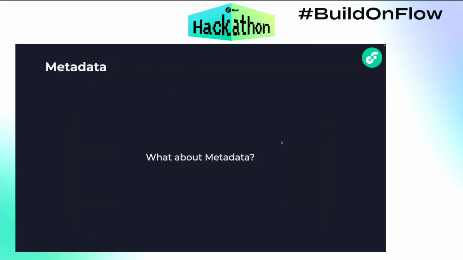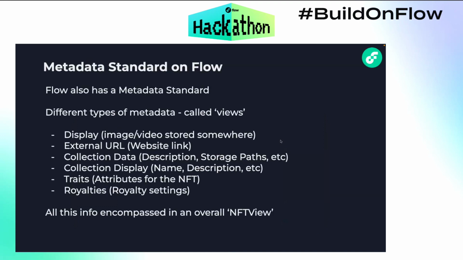But what about metadata? In everything I just showed, I didn't talk about metadata. Flow also has a metadata standard, and this is separate from the NFT standard that they have. So Flow tries to be generic in terms of what metadata means for an NFT. And there are different types of metadata called views. So there are display metadata, such as an image or a video.